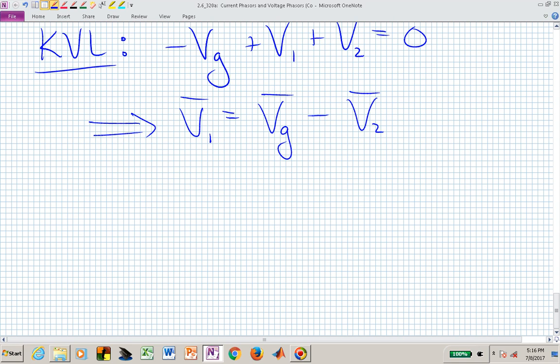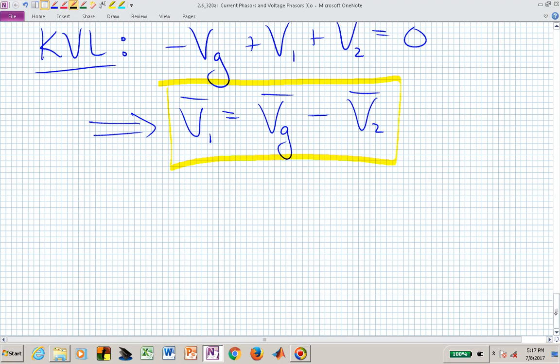As phasors then, or as vectors, V1 is equal to V sub G minus V sub 2. So if I could find the angles of V sub G and V sub 2, I'd be in business. I could then compute, because I could now add these up component-wise or vector-wise to find the phasor value of V sub 1.